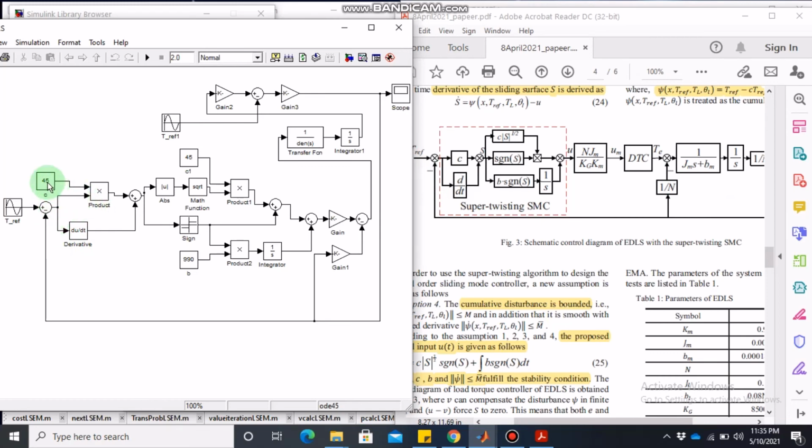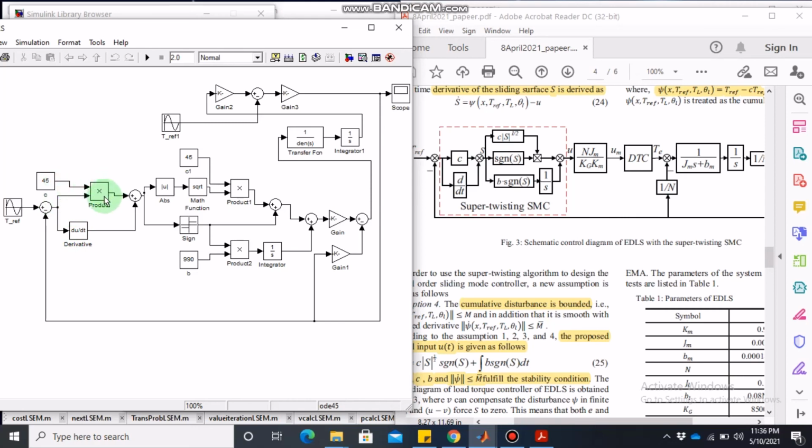You will have to use 45,000, I suppose. So the c will have to be multiplied with the error. So the error is coming here, it is being multiplied with c, and then c times error will go into this summation block. This is the product block.